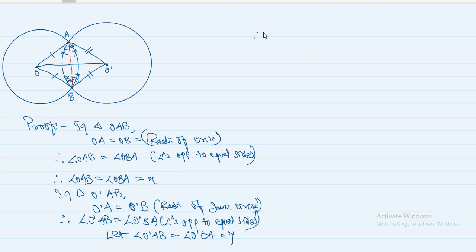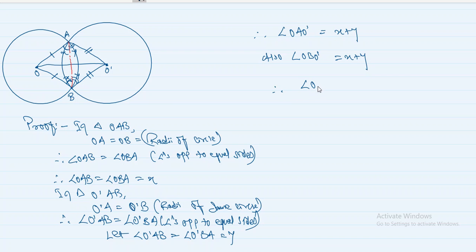Therefore angle OAO dash is equal to x plus y. Also angle OBO dash is equal to x plus y, as you can see over here.